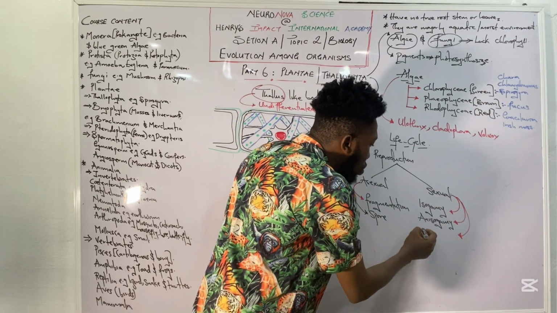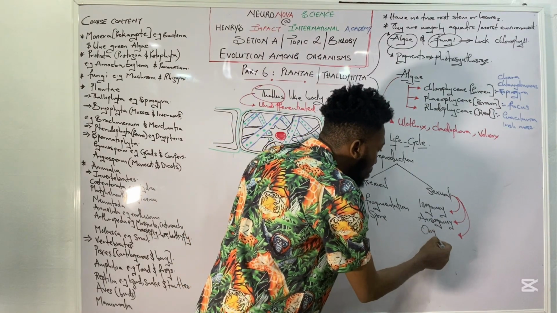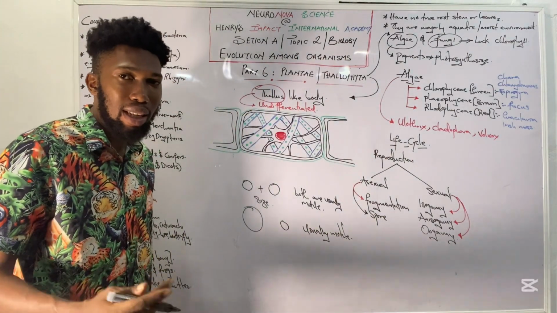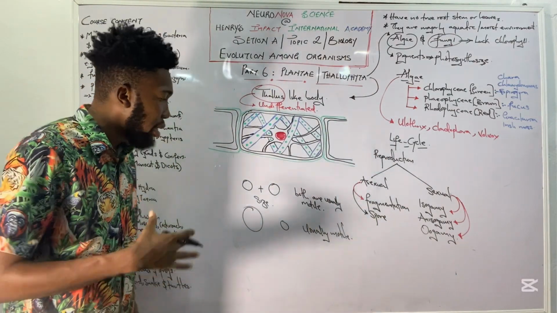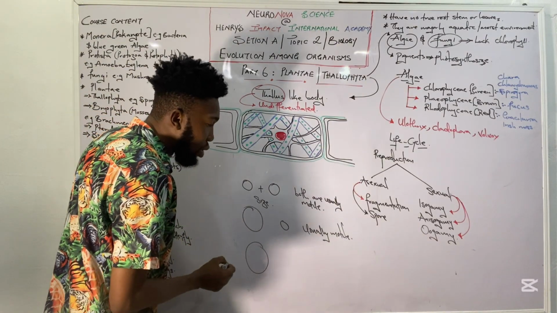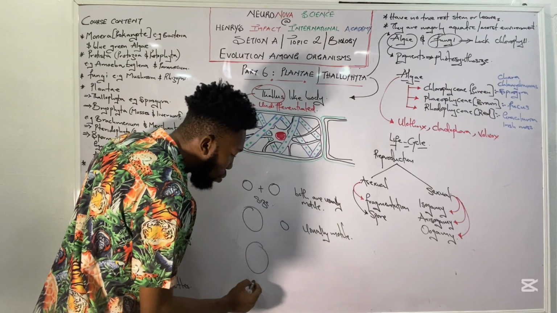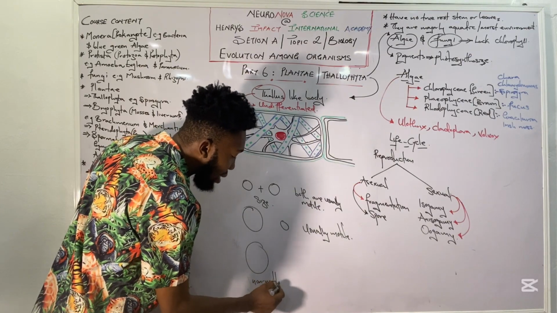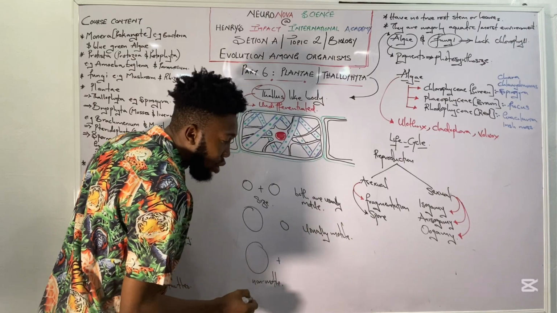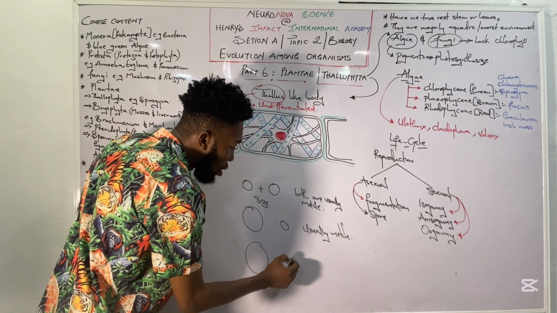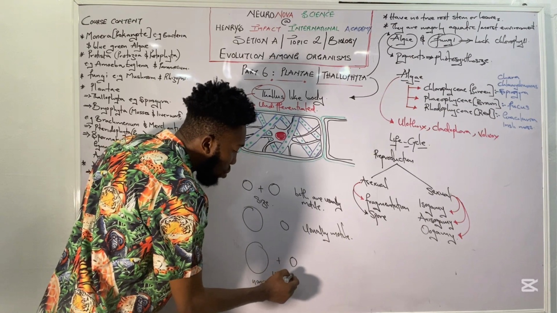On the last one, you now have oogamy. In oogamy, that's even the one that happens with humans. You have one very large non-motile gamete that will fuse with a second gamete that is usually motile.